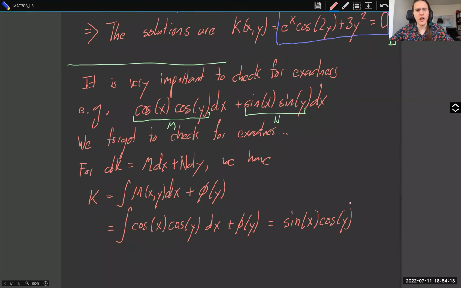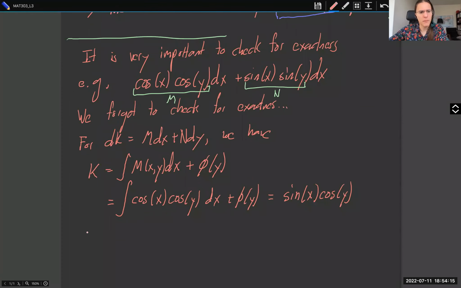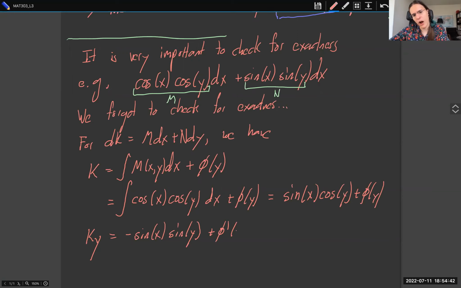Then the partial of K with respect to y is going to be, plus phi of y. The derivative of cosine is minus sine, so we get minus sine x sine y plus phi prime of y.